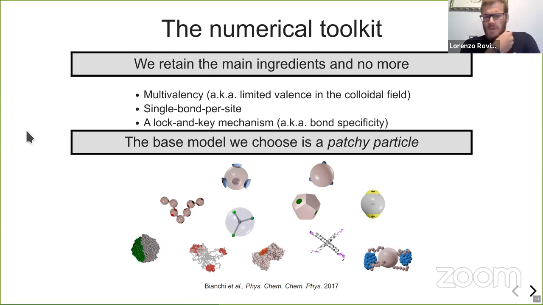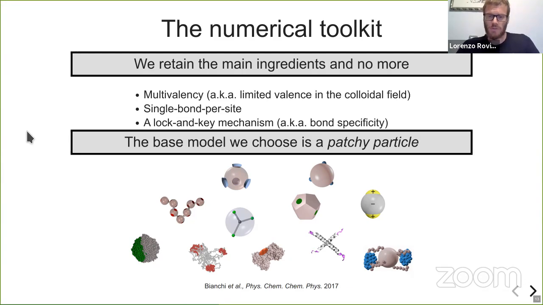Patchy particles have been used in the last, let's say, 15 years to model a lot of different things, starting from blends of polymers to DNA nanostars, to some types of colloids, spherical nanobrushes, a lot of different things. The model, in its simplest version, boils down to a sphere or a particle decorated with sticky spots.